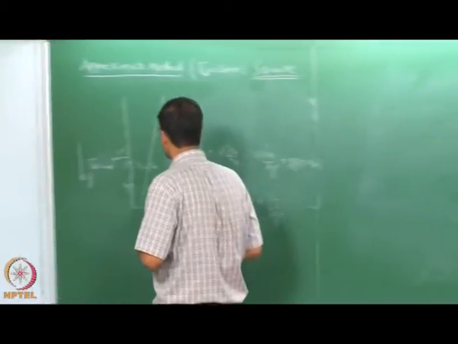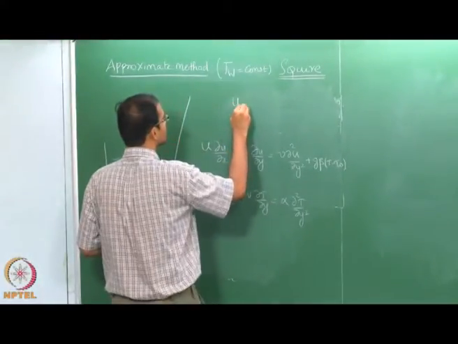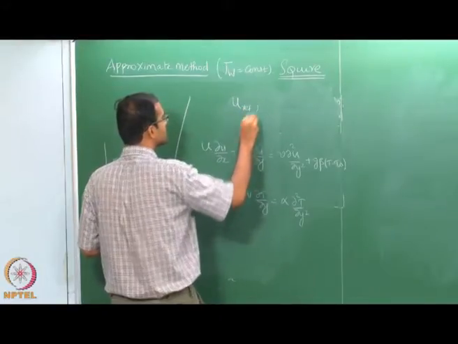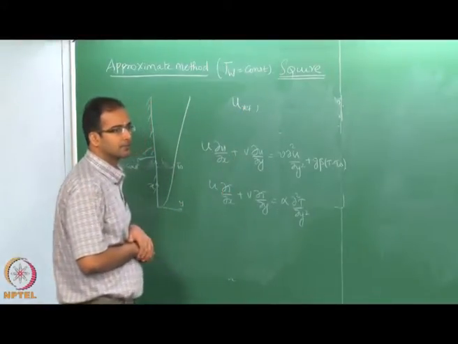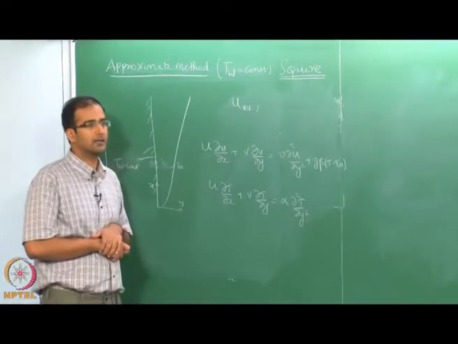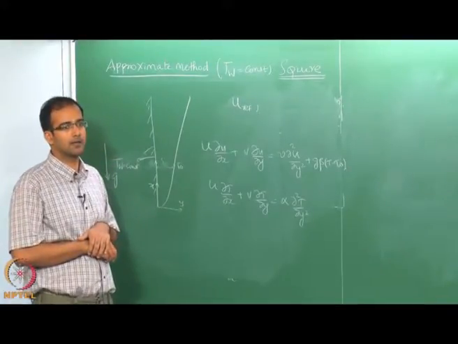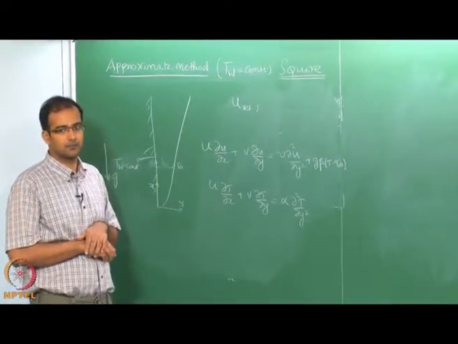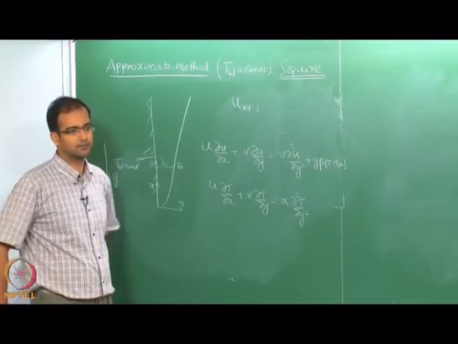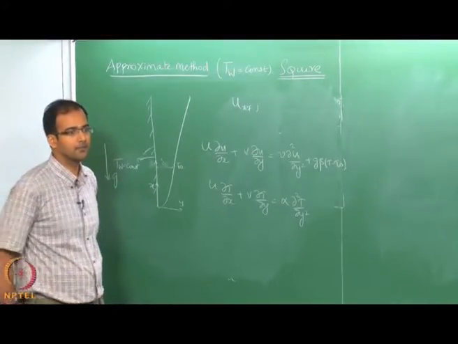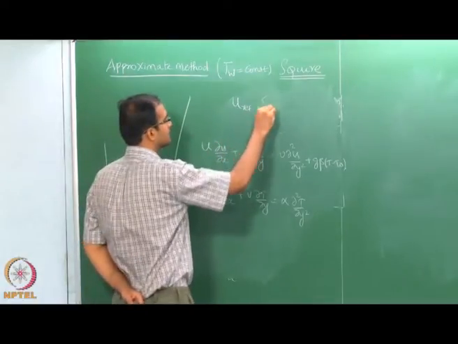Therefore, what are all the unknowns here? We do not know U ref, and then what is the outcome of solving the momentum integral equation? What do we get? Delta.